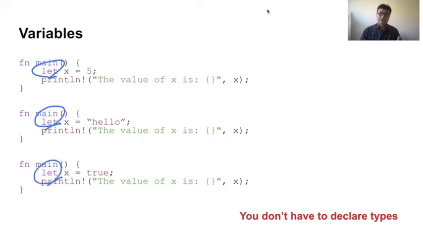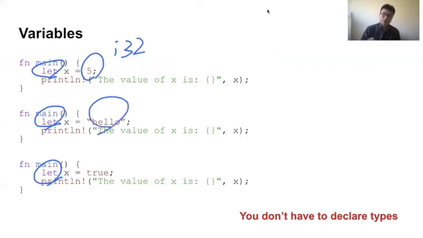You just use let, and let the variable equal some value. Then the Rust compiler will figure out the type. It will check, okay, this is an integer, so it assigns x an integer.